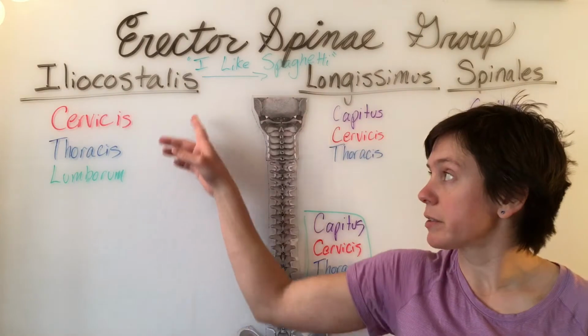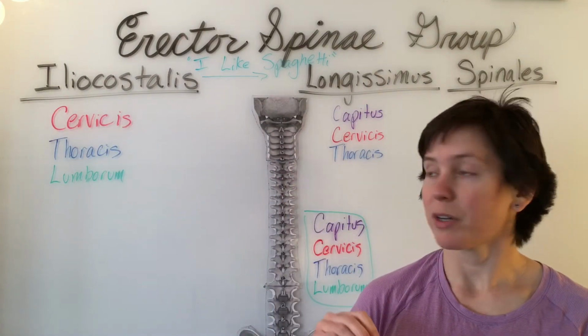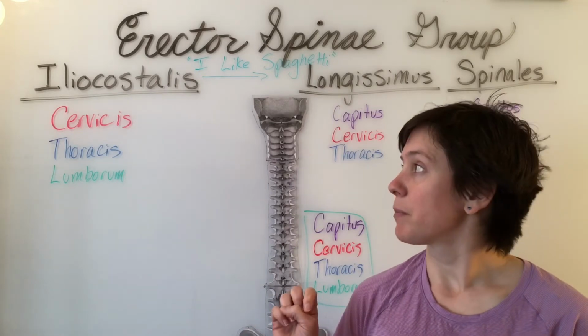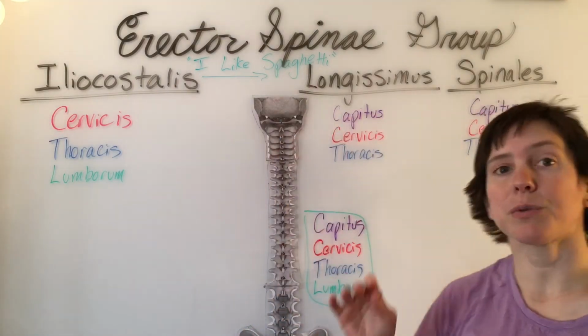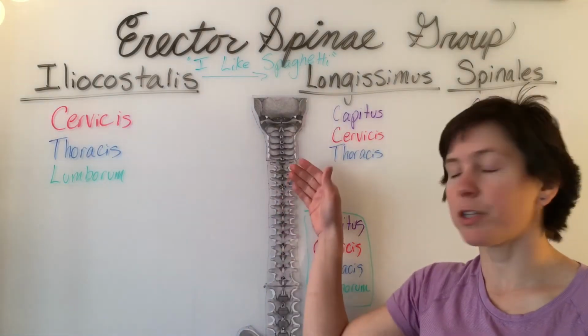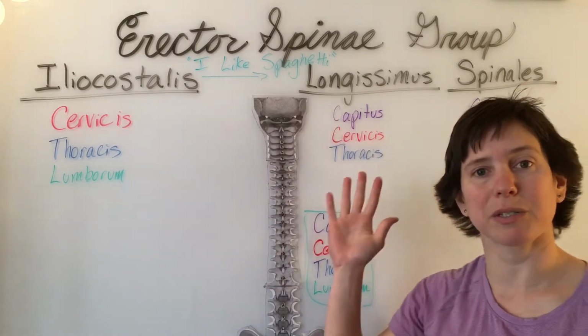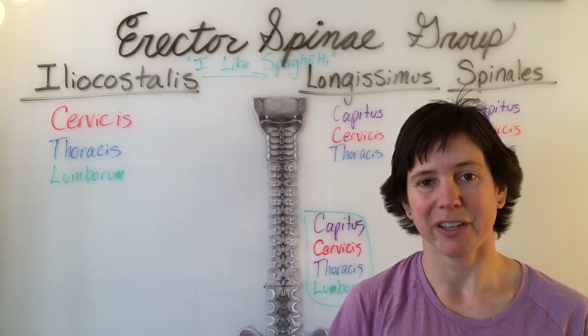Now each of these will have its own origin and insertion, which we'll go over later in this video, but the majority of all of these will be innervated by dorsal rami of some level of spinal nerves. So it's easy to remember that all the innervation for these muscles will be by the dorsal rami.